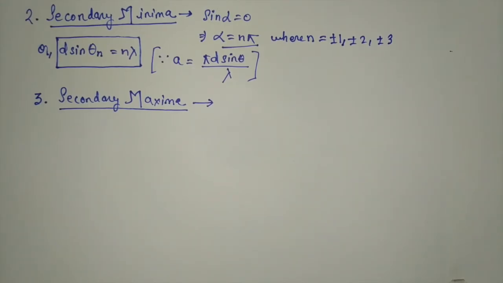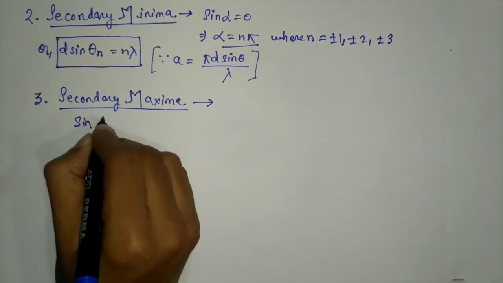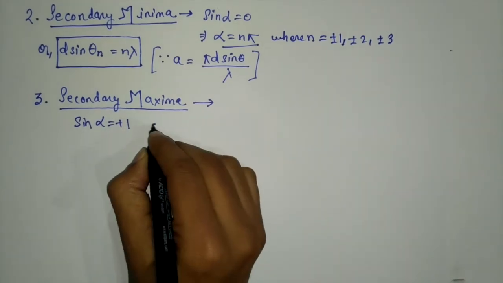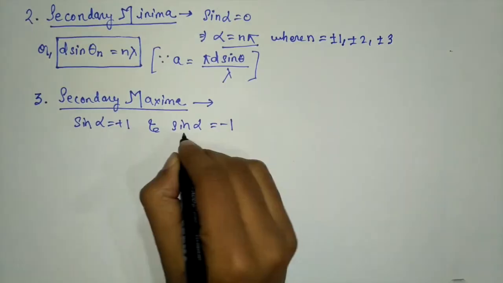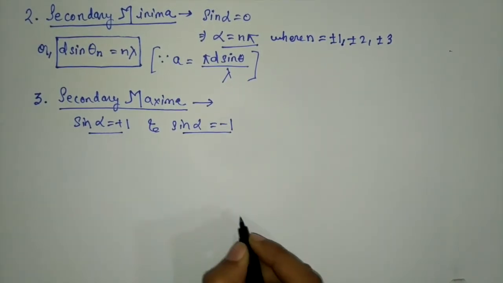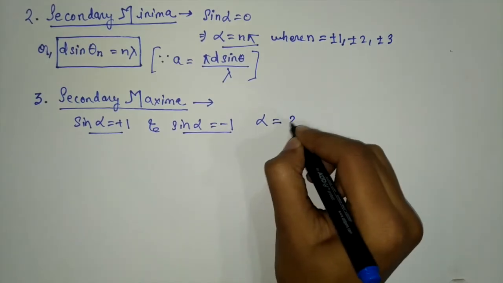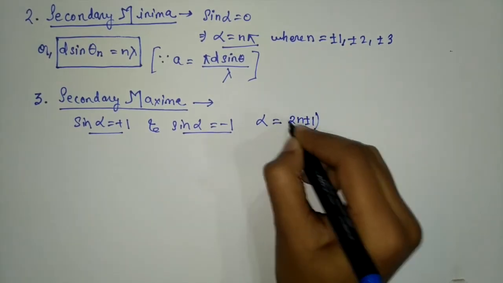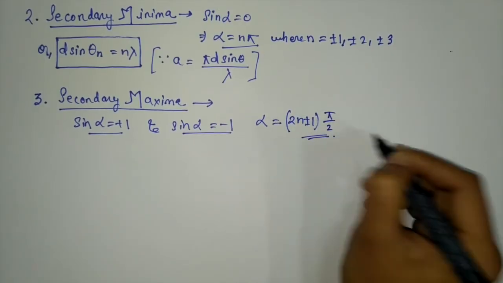For secondary maxima, we know that there will be two of them: sine alpha equal to plus 1 and sine alpha equal to minus 1. Let us combine these two cases. We will get the value of alpha equal to 2n plus minus 1 into pi by 2.